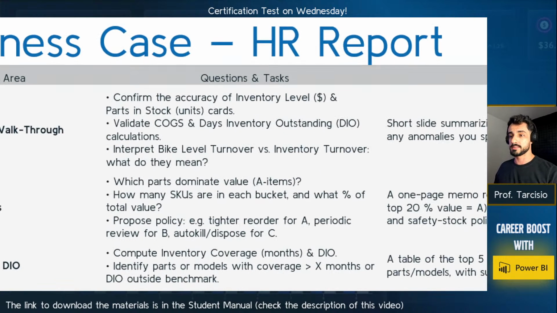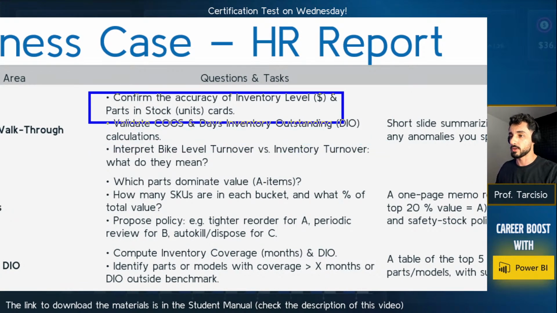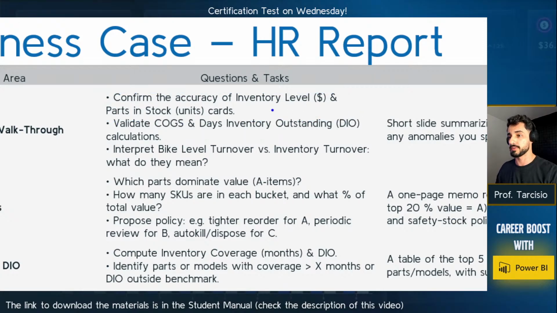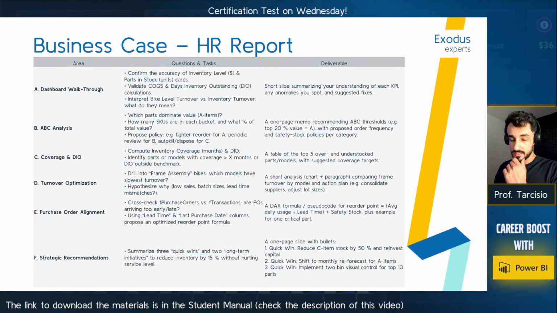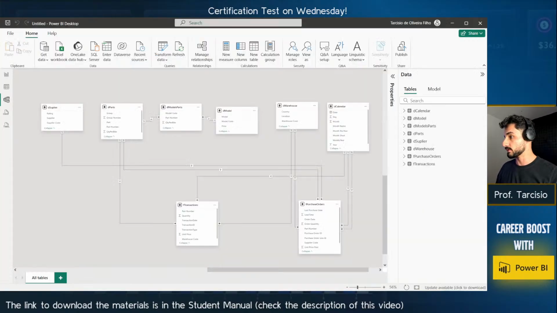And in this case, we want to confirm the accuracy of the inventory level. Here we are talking about money. And we want to address the parts in stock as well. So let's go for it.